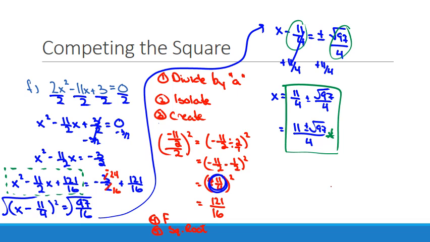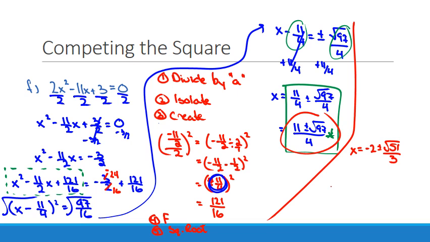So again, we're done this question. But in case you have this kind of thing pop up, like in our last one, let's see here, I had x equals -2 plus or minus root 51 over 3. Well, if you're asked to write it in this form, then we just have to get a common denominator. So I'll put that over 1. I multiply that by 3, then multiply this by 3 is -6.